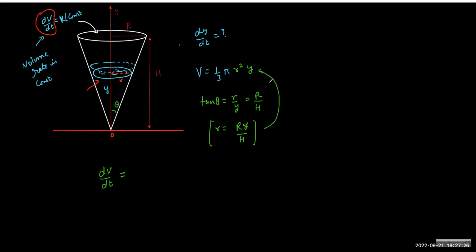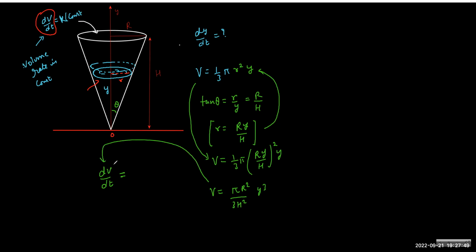If I substitute, the new V we can write as 1/3 pi, so V turns out to be pi R square upon 3H square into y cube, isn't it? Now if you differentiate, what will you get? The constant pi R square upon 3H square, and y cube, when you differentiate, gives 3y square dy by dt. Very good. So that's why the 3 gets cancelled.